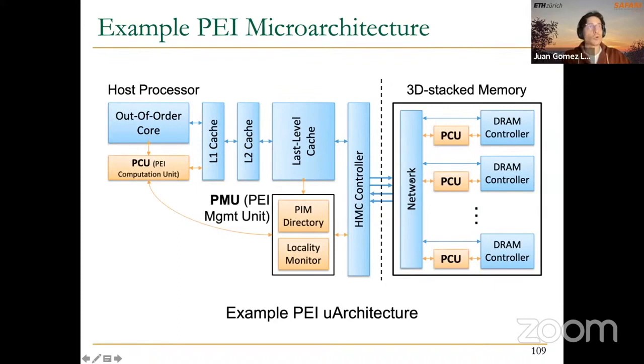The PEI architecture proposes to extend this baseline architecture with these PCUs that are the execution units near the memory, or actually inside the memory stack in the logic layer, and also this PEI management unit that is the locality monitor responsible for checking if the value that I need to compute on is in the last level cache or other levels of the cache, or instead is in memory and doesn't reside in the cache. So depending on that, I will execute the operation here or I will execute the operation there, right?